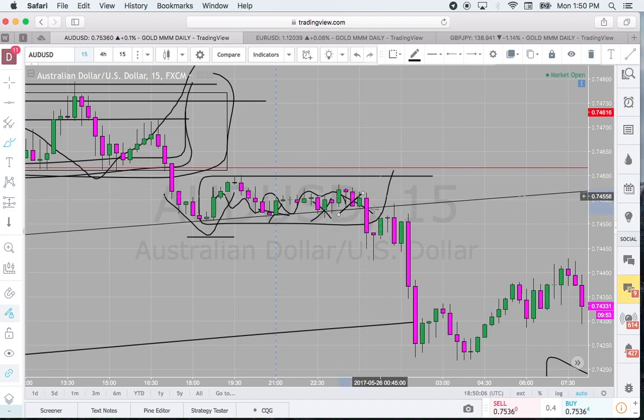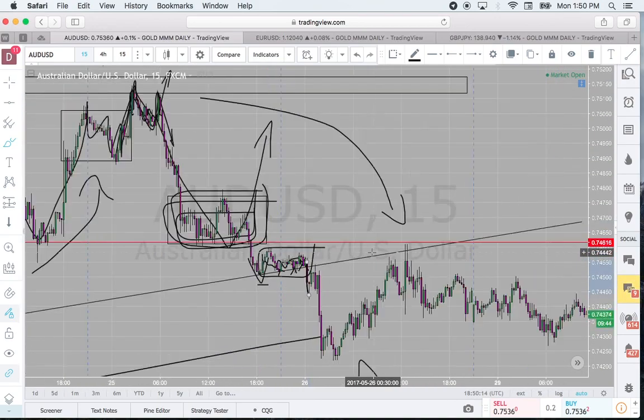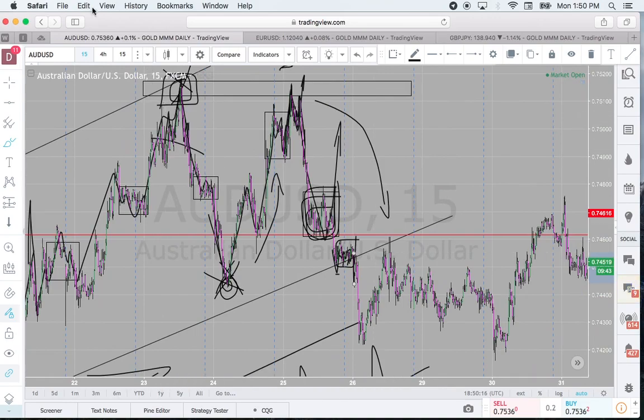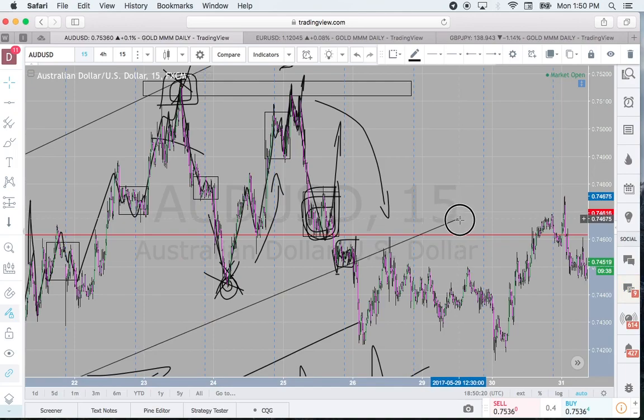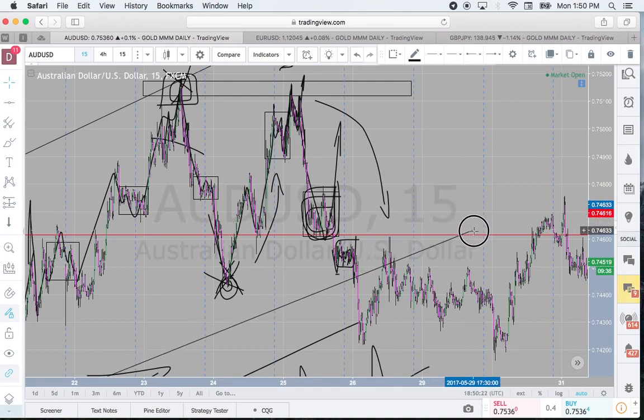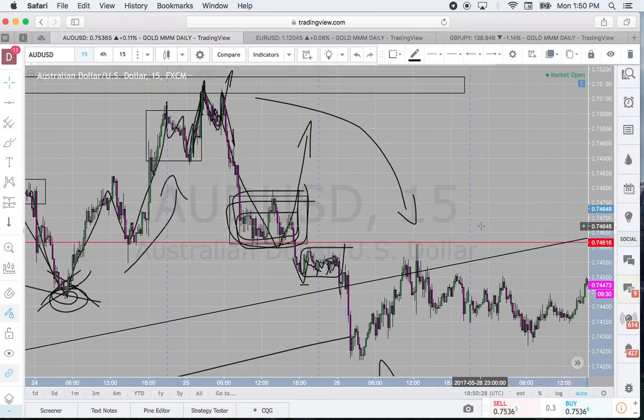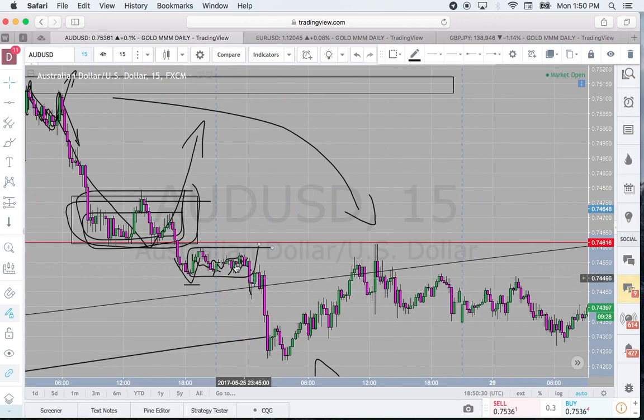And then what does the dealer do once again, once more? He shifts out of that zone in one candle. What does the retail trader do? The retail trader then moves his beloved trend line below that low, thinking and hoping that price will bounce off of this trend line.